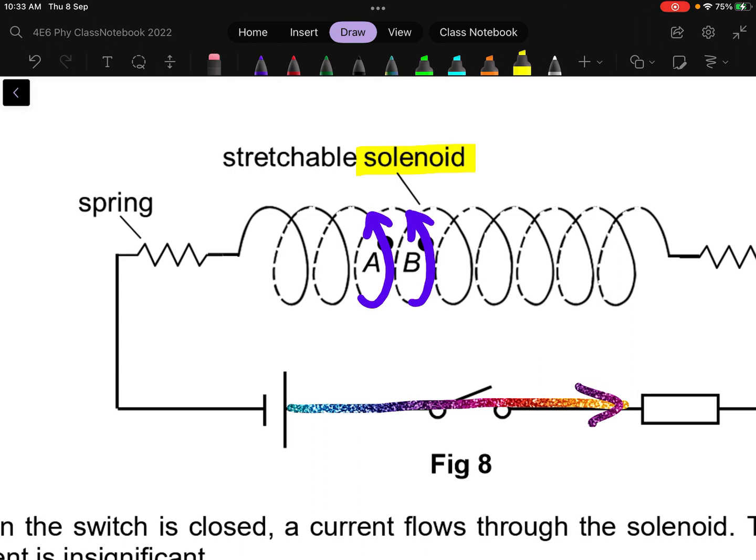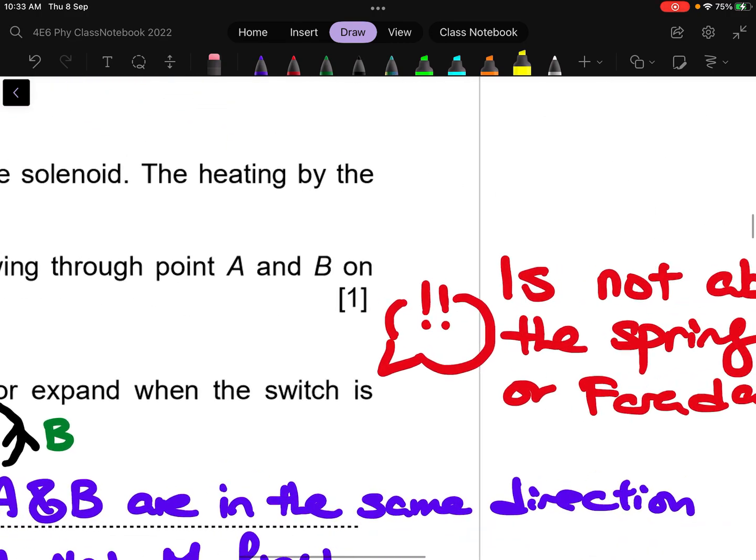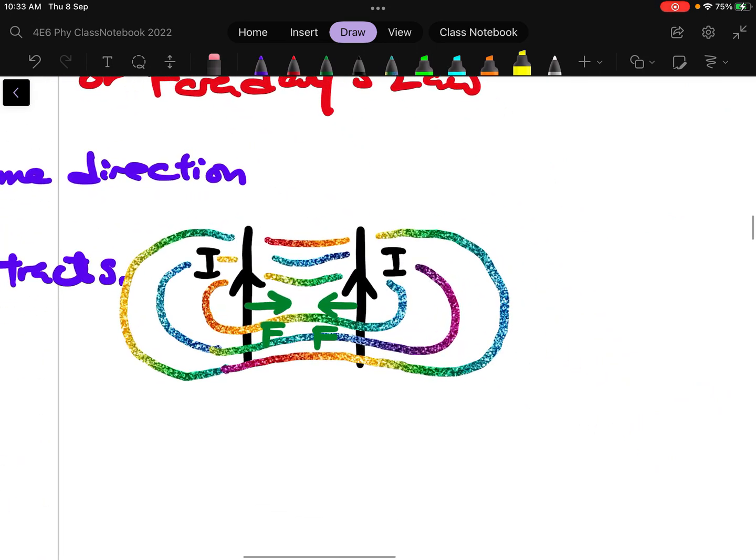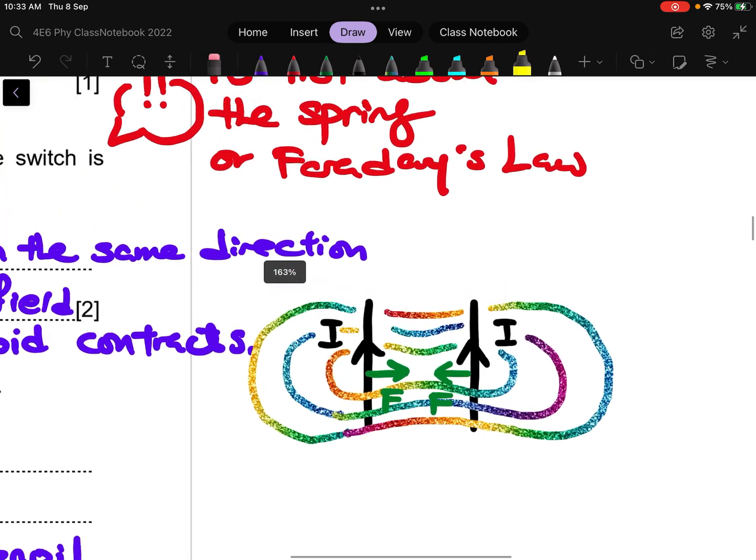If you recall, there's a part in your content whereby when you have two straight wires, and the two straight wires have current flowing in the same direction, the resulting interaction between the magnetic fields will give rise to an induced attractive force.